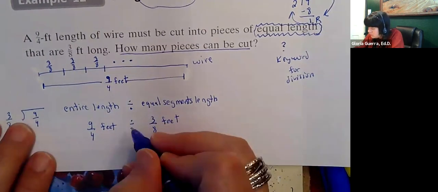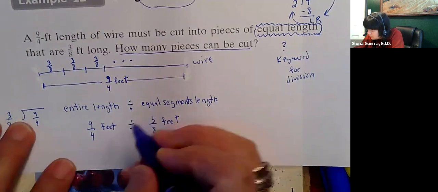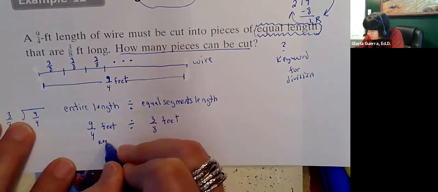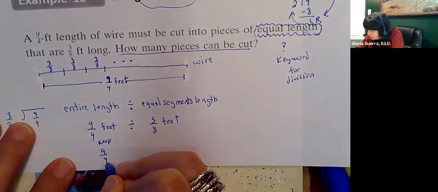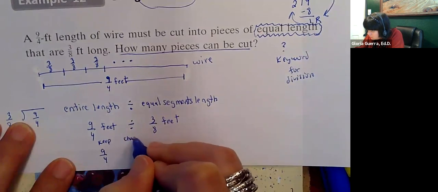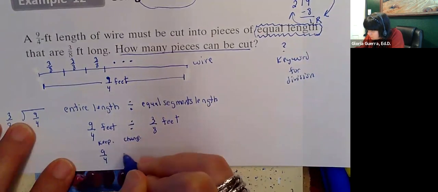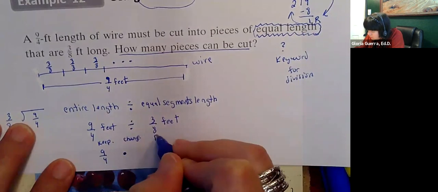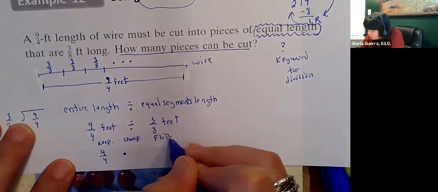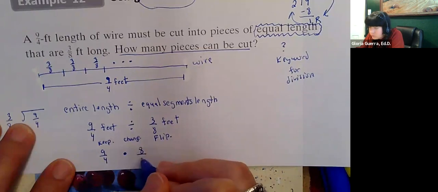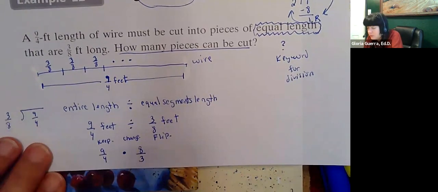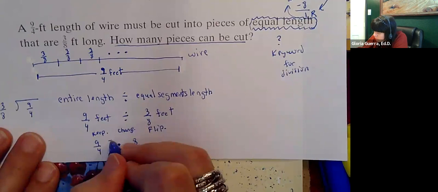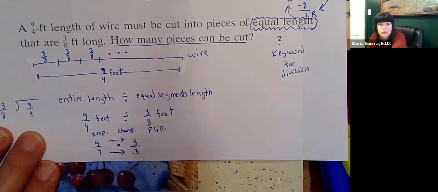So this is our setup. We keep 9/4, change the division to times, and flip 3/8 to get 8/3. Then you multiply straight across and reduce.